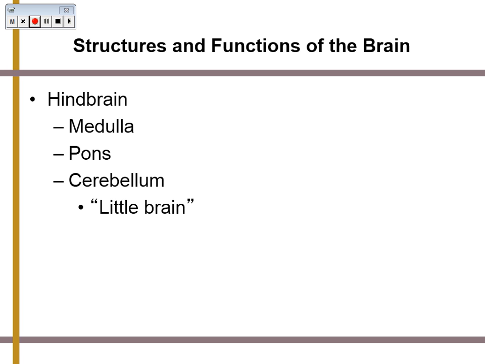Where do you think the hindbrain is located? In the back. Where do you think the midbrain is located? And where do you think the forebrain is located? See, that makes a lot of sense, right? As psychology goes, they made sense.